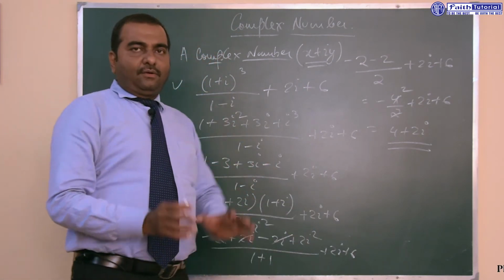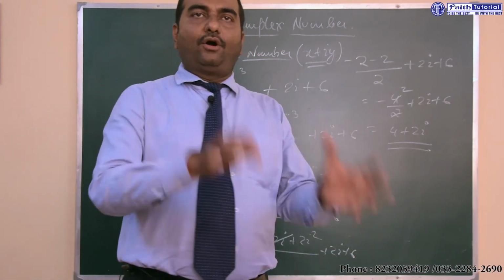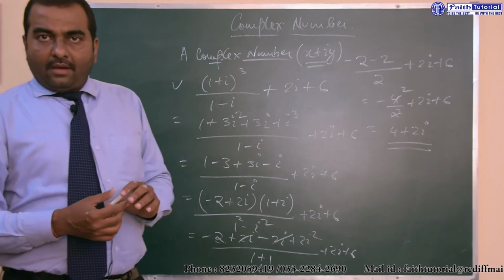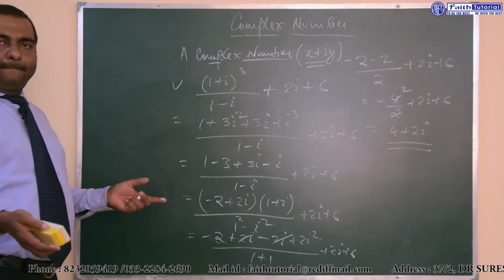What comes next? Once we have learned how to express a complex number in the form of x plus iy or a plus bi, there are some calculations we need to know. We have to learn some calculations based on it. Now what are they?